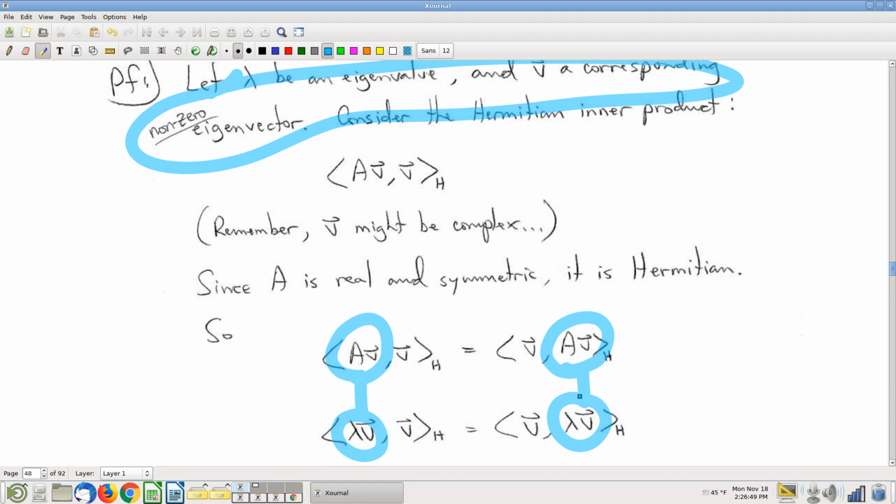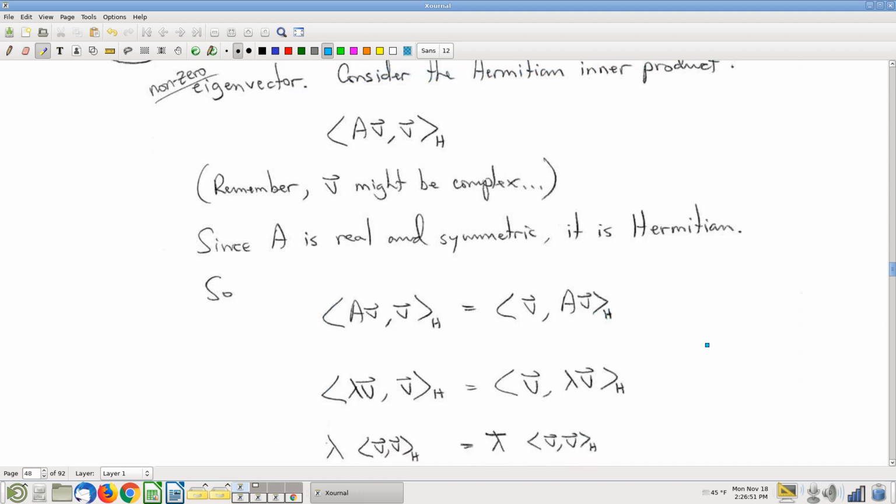And constant factors out. Yawn. Wait a second, it does factor out, but you have to put in the conjugate when you factor out scalars from the right-hand side. You have to conjugate the scalar. Remember, we wrote that down. That was one of our observations about our new Hermitian dot product. So you get that.